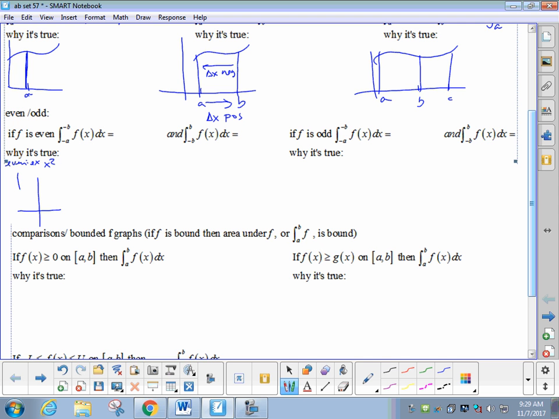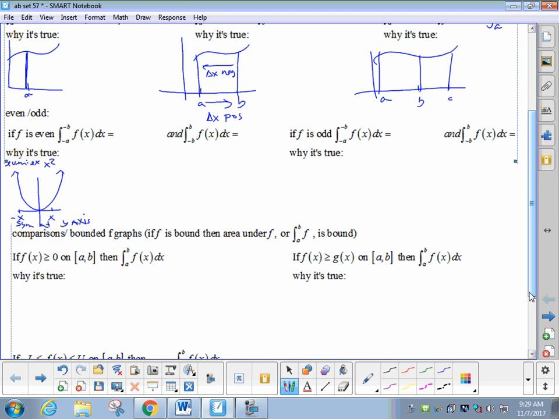The key to an even function is that the y result you get for a positive x is exactly the same as the y result you get for a negative x. 2 squared is 4, negative 2 squared is 4. You can see graphically there's symmetry at the y-axis.